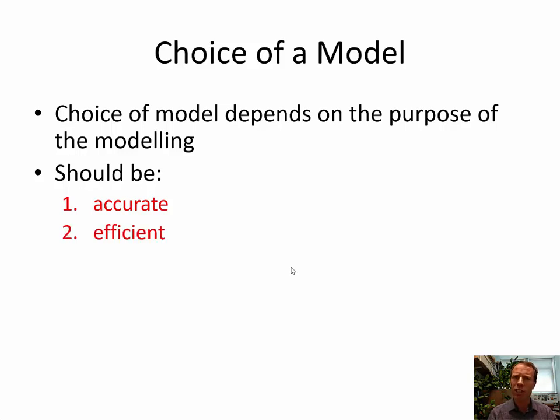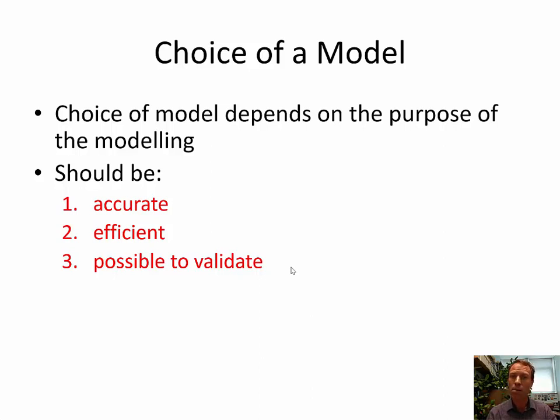It needs to be efficient, so you need to be able to get results within a certain timescale, whatever that timescale might be. There's no point in coming up with a really complicated model which gets everything perfectly right, but then would require 10 years in order to do a single calculation. And finally, it needs to be possible to validate the model.